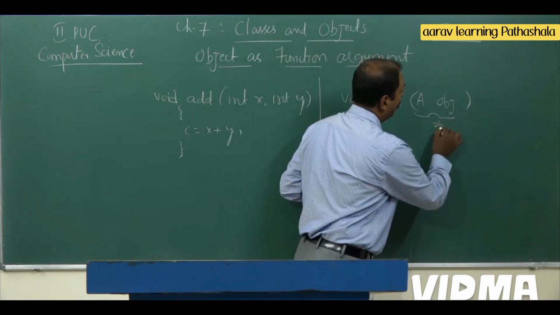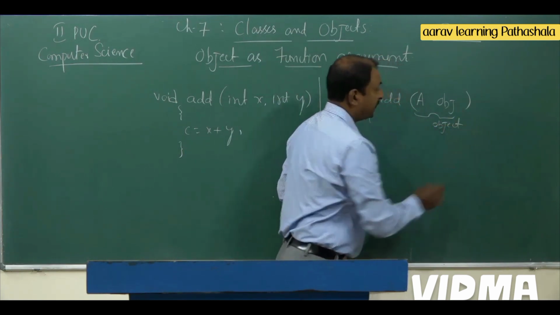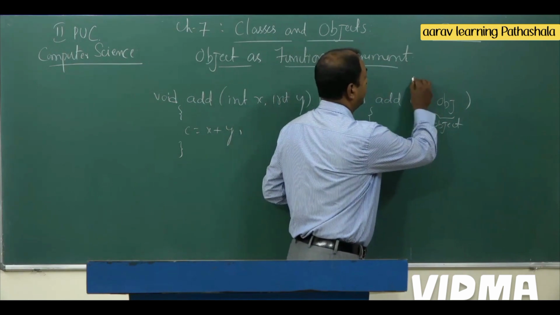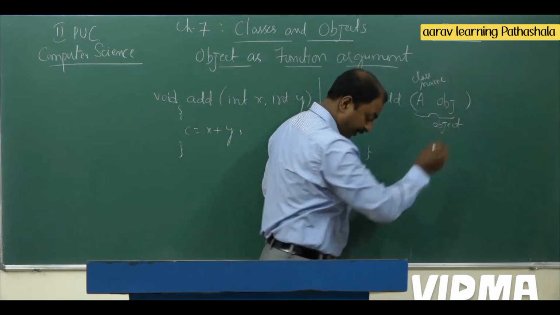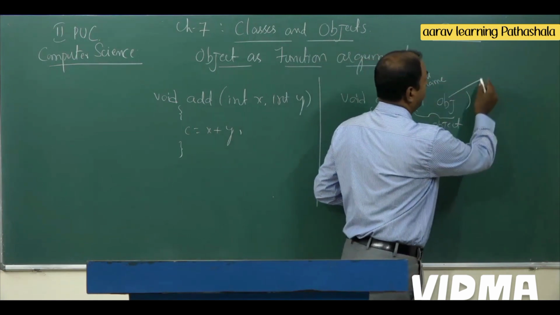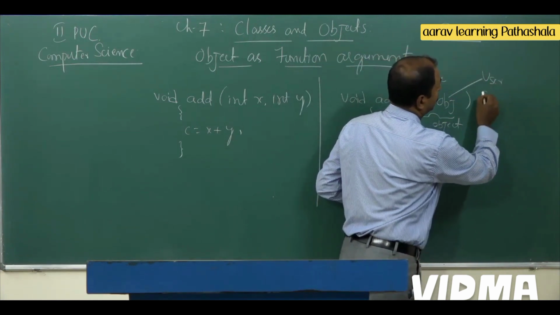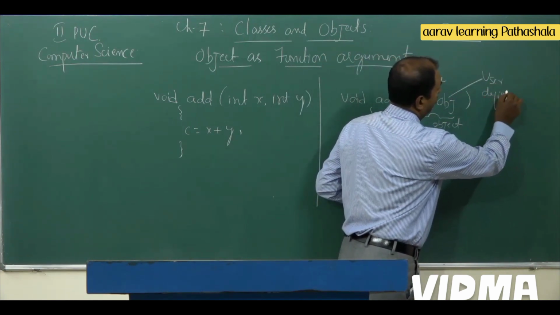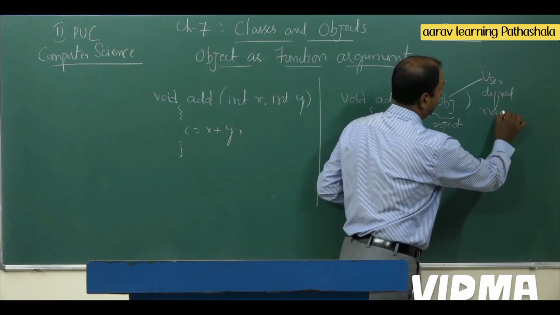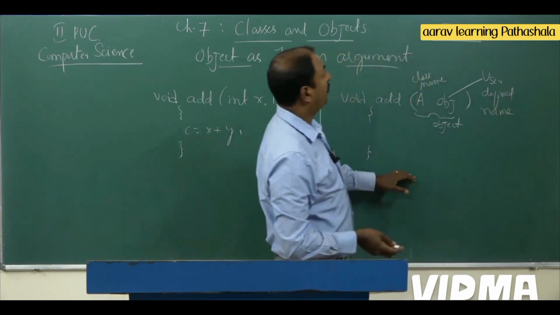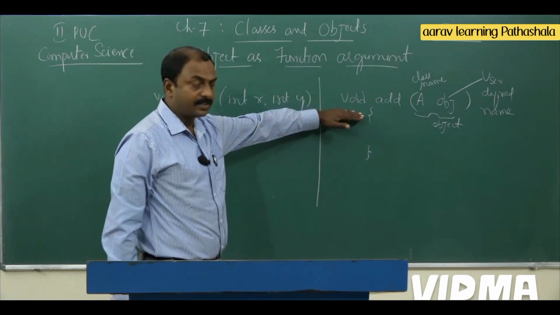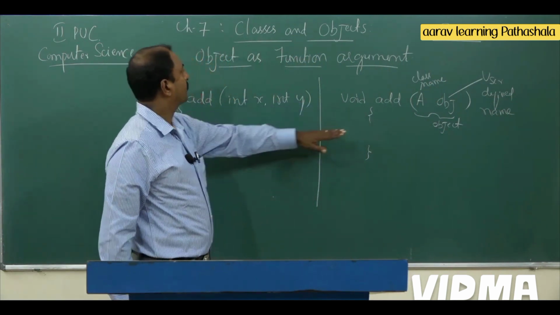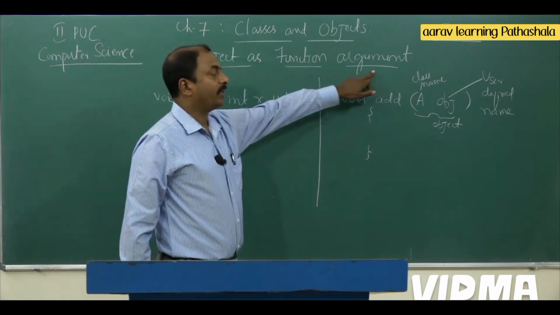This is the class name, and this is the object name, nothing but a user-defined name. So if you write a function definition with an argument like this, this is the concept of object as a function argument.